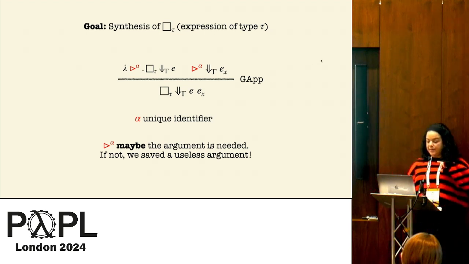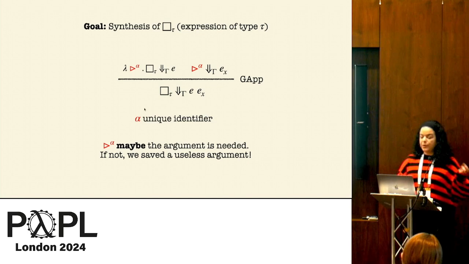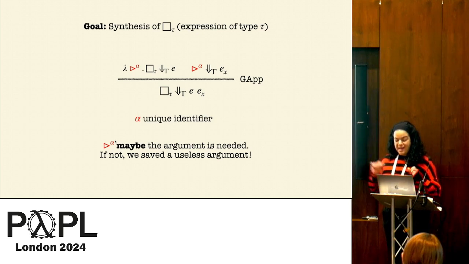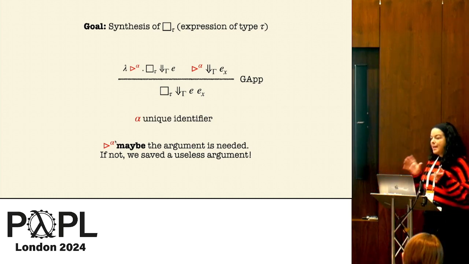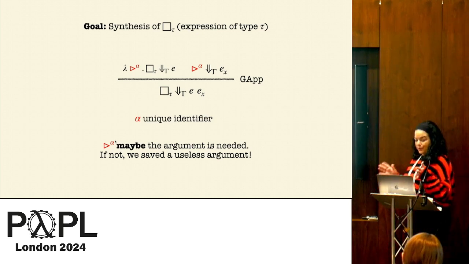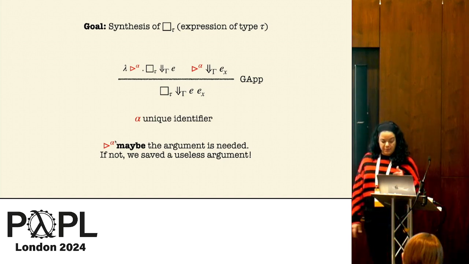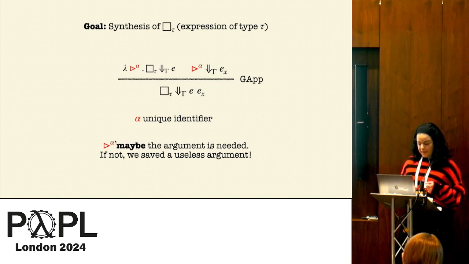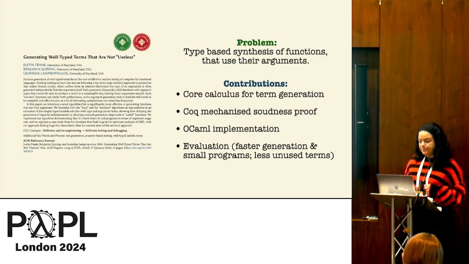They say that every time this rule appears, I'm going to create a new identifier. They call it A, and then they use this triangle A syntax to say maybe I'm going to need an argument here. I'm not sure. Like on demand, lazily we will figure it out. And if I don't need it, it's better because I removed one of my arguments.